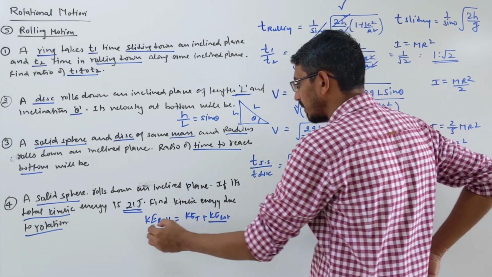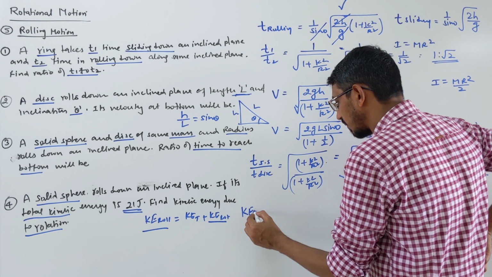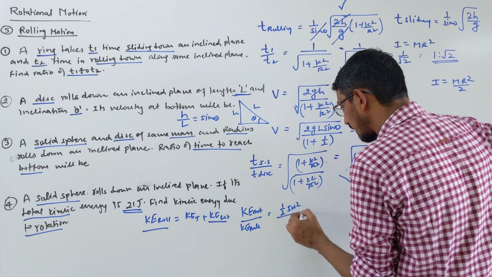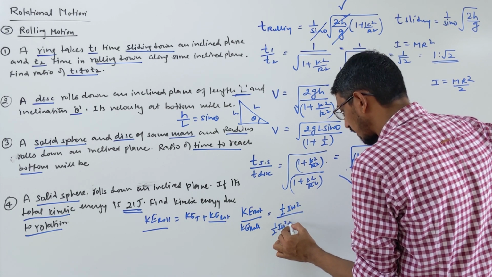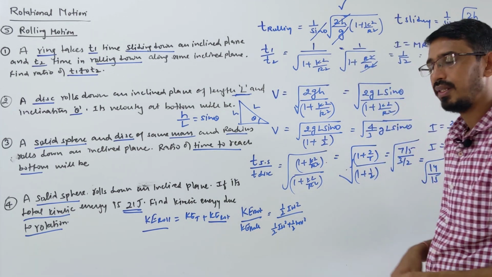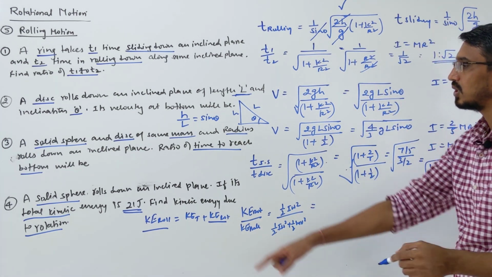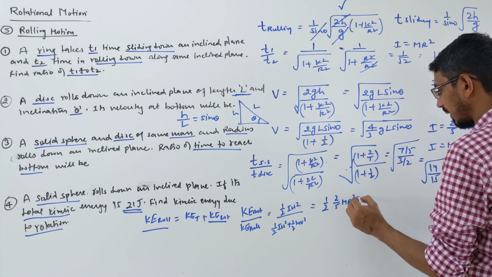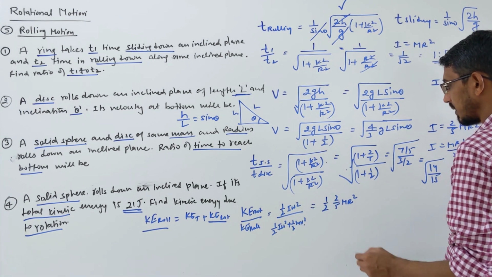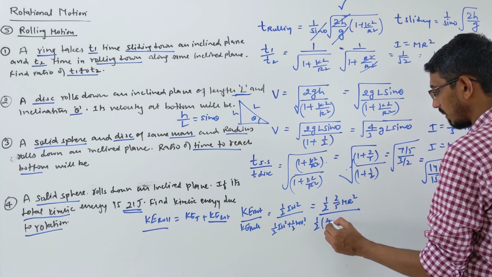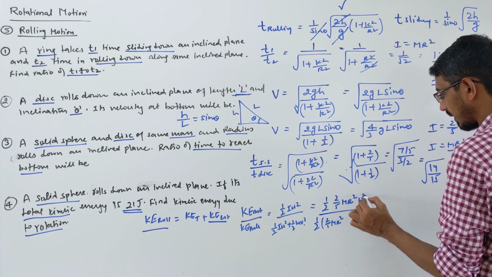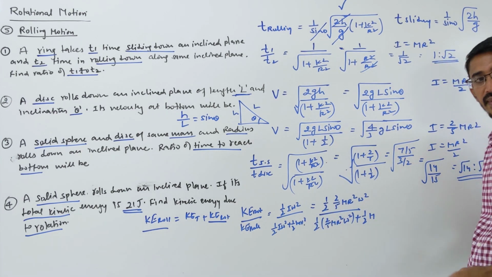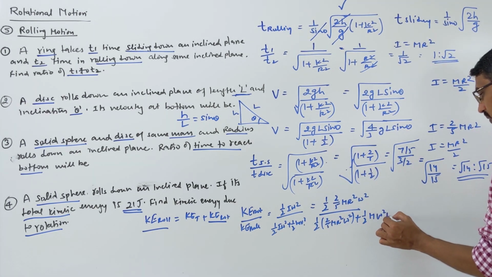So first take the ratio of these two. You write kinetic energy of rotation by kinetic energy of rolling. So this becomes half I omega square by half I omega square plus half m v square. This is a solid sphere, and solid sphere inertia is 2 by 5 m r square. So half, again 2 by 5 m r square, into omega square, plus 1 by 2 mass, with linear velocity written in terms of angular, so it becomes omega square r square.